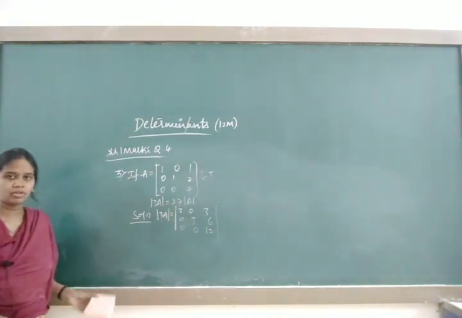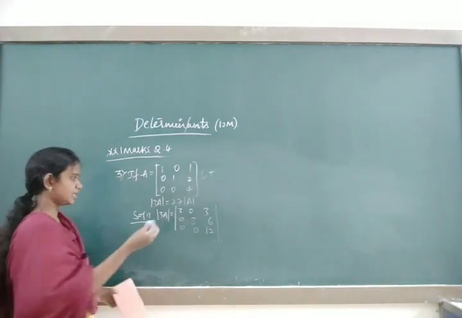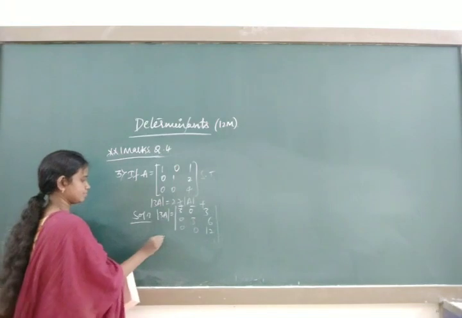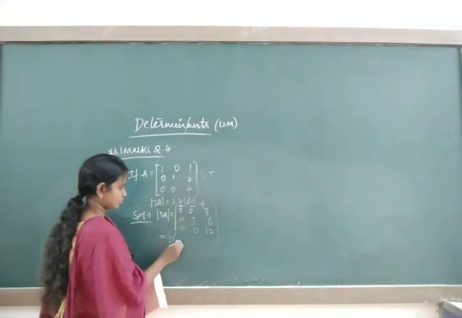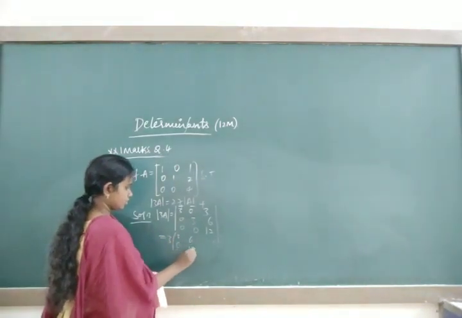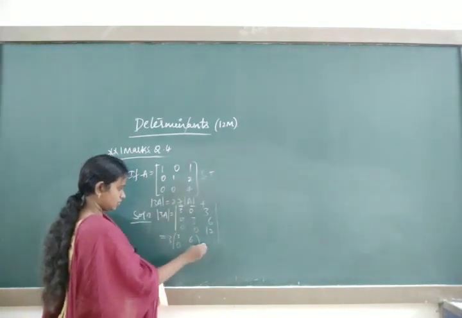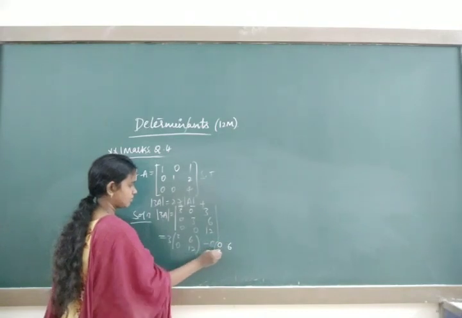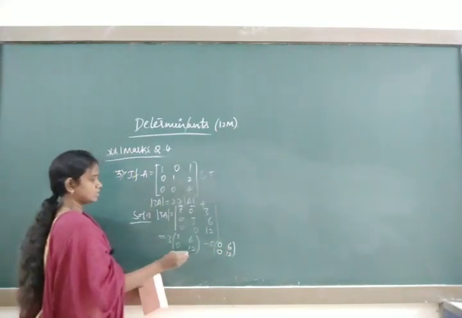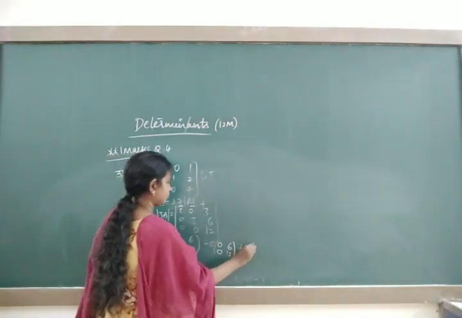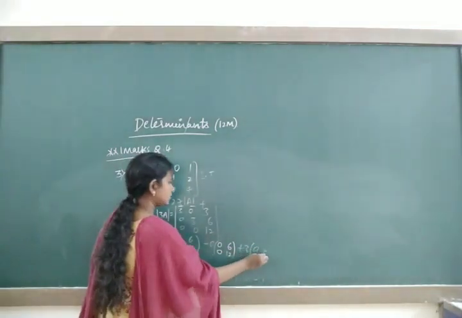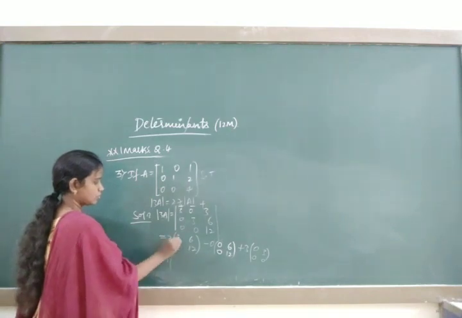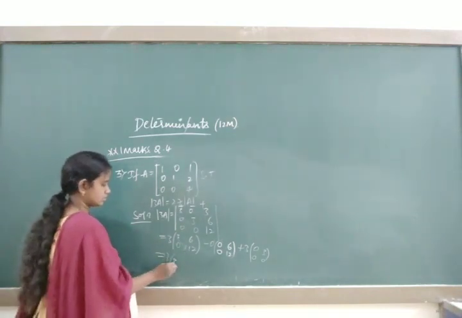Expand along R1, as I have shown. Deleting first row first column, we get 3 times the determinant 3 6, 0 12. Then minus 0, deleting first row second column, the elements remain 0 6, 0 12. Next plus 3, the determinant 0 3, 0 0. 12 3s is 36.